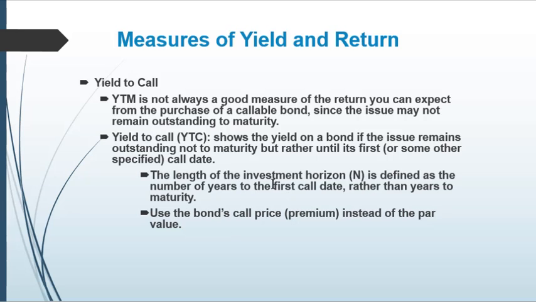So the length of the investment horizon now is the number of years to the first call date rather than maturity. And of course, you're going to use the bond's call price premium instead of the par value. So we can do this a number of ways.